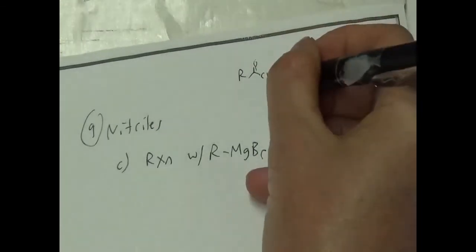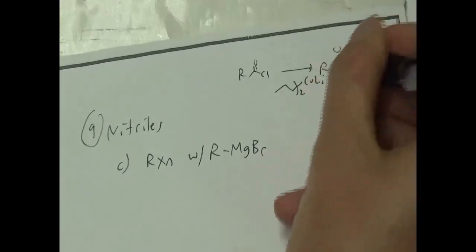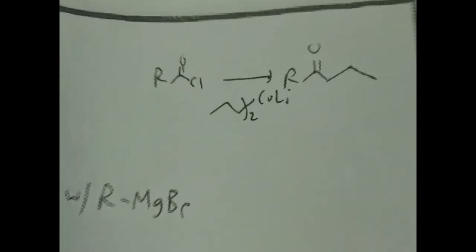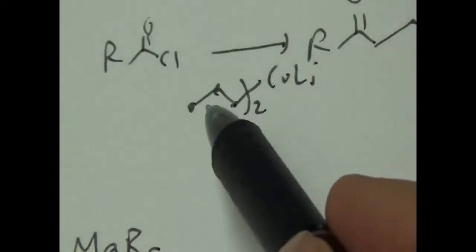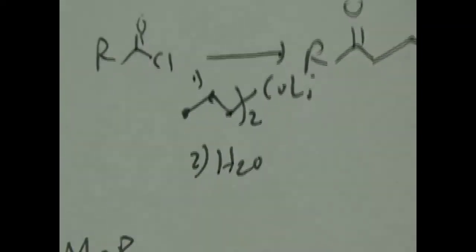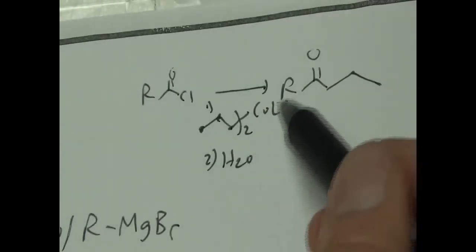So you could use dipropyl cuprate, copper, lithium. So it's two propyl groups, and copper, lithium, and of course you need a step 2, which is water. And that is a way to make a ketone from an acid chloride, using cuprates, right?